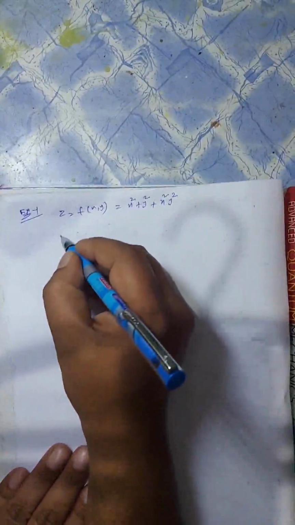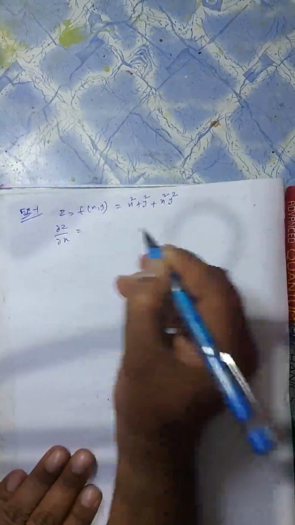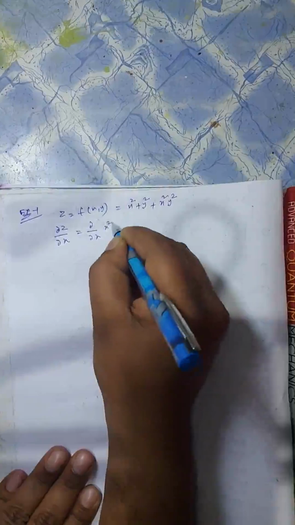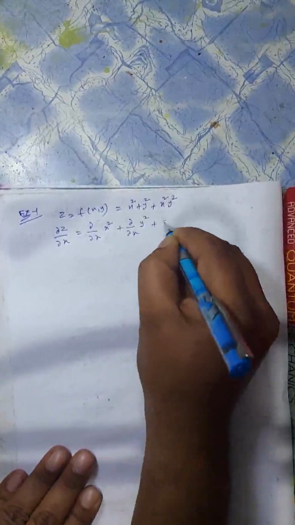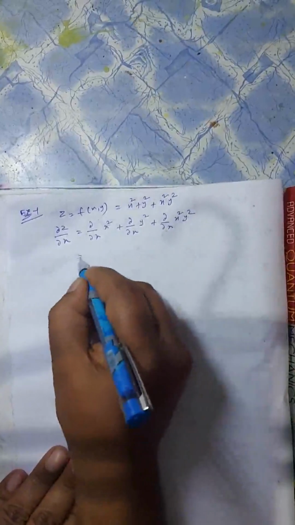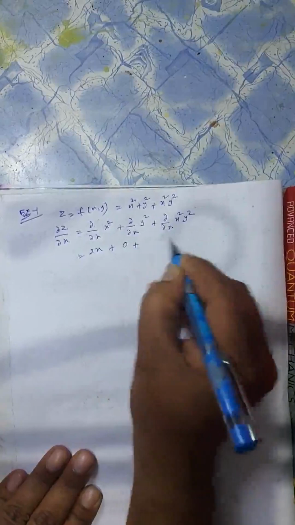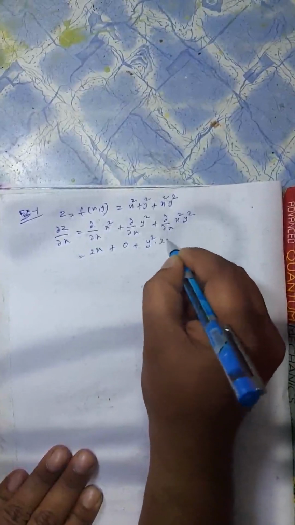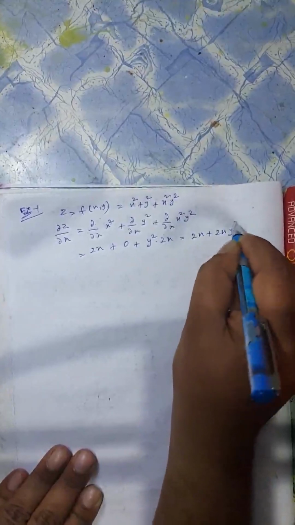We have to find ∂z/∂x. We take ∂/∂x of x², plus ∂/∂x of y², plus ∂/∂x of x²y². The derivative of x² is 2x. y² is constant, so it is 0. In the last term y² is constant, it comes outside, and the derivative of x² is 2x. So the answer is 2x + 2xy².